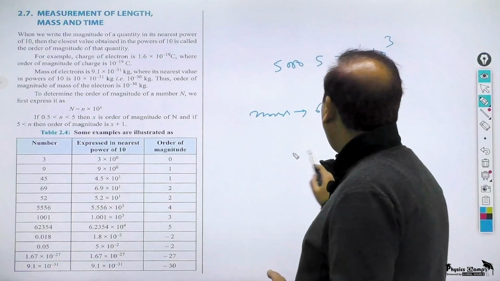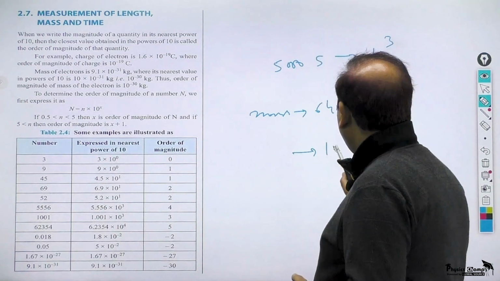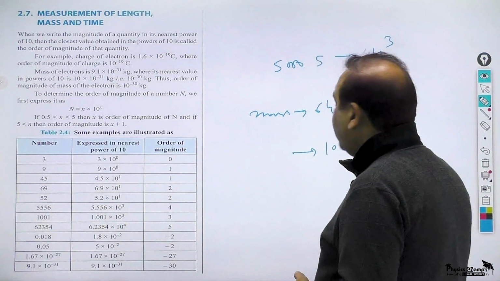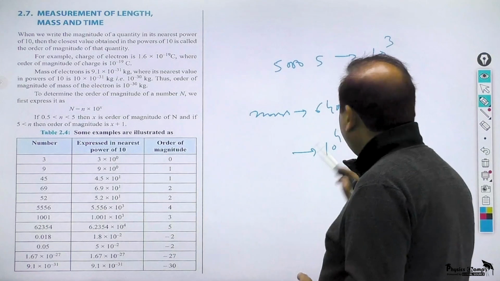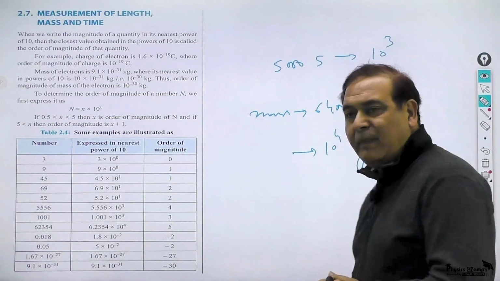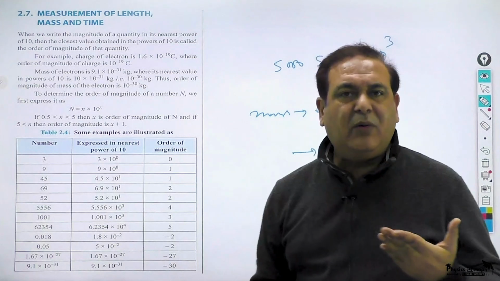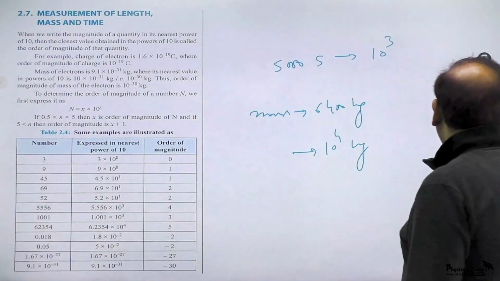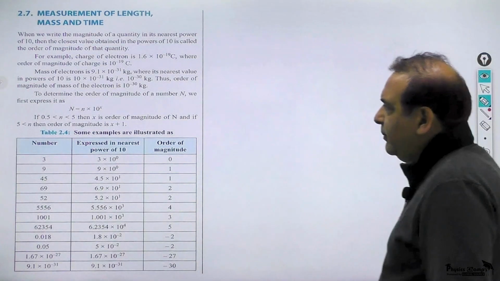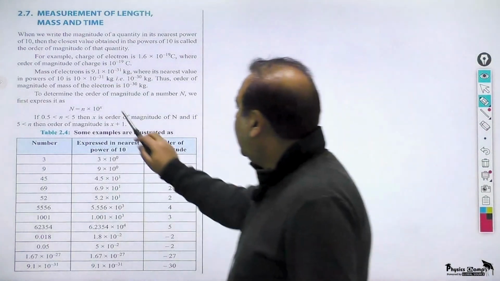So I will say order of magnitude is, say, 6.4 into 10 to the power 3, or 10 to the power 4 kilogram. That's how we give a closer description in the form of order of magnitude. So finally, this formula.